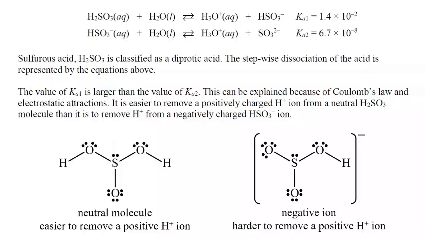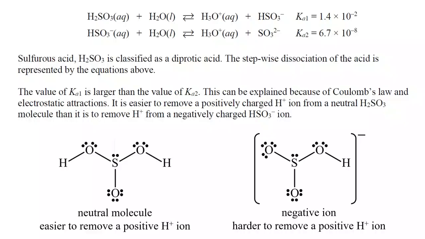So it's easier to remove a positively charged H+ ion from a neutral molecule of H2SO3 than it is to remove an H+ from an ion such as HSO3- that already carries a negative charge. With a neutral molecule, it's easier to remove that positive H+ ion. With a negative ion, it's harder to pull that H+ ion from the negative ion. So if there were a third H+ to be removed, such as in H3PO4, that would be even more difficult.